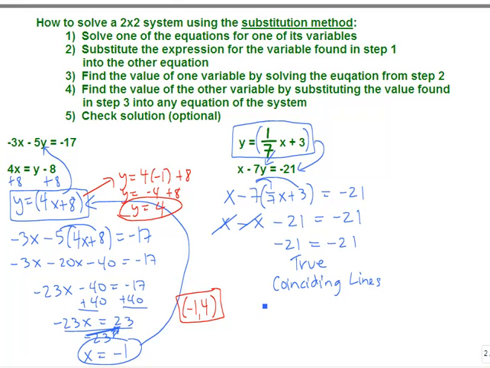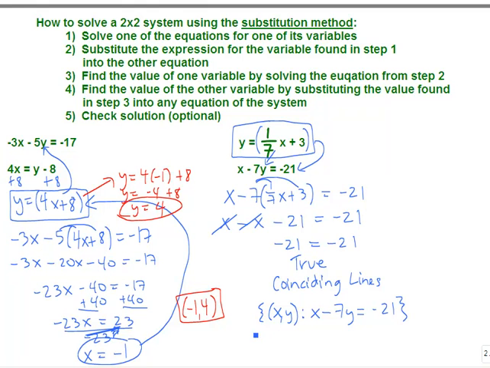We use this kind of fancy notation, a curly brace, parentheses x comma y, colon, and then after that colon, pick either equation of your line to write down. It doesn't matter which one because they're the same. So I'm going to use the second one here: x minus 7y equals negative 21. And then you just close this off with that curly brace.